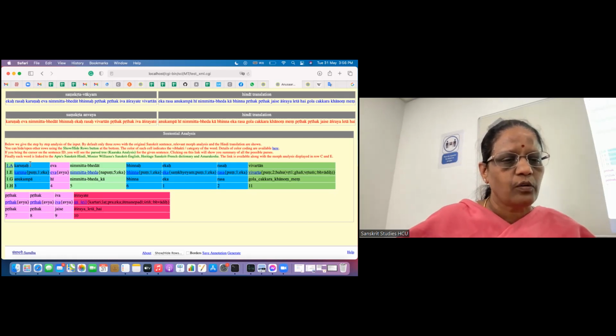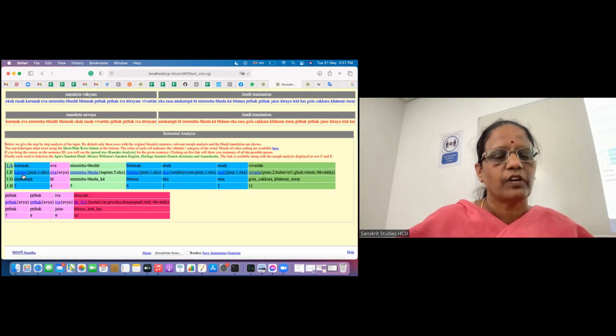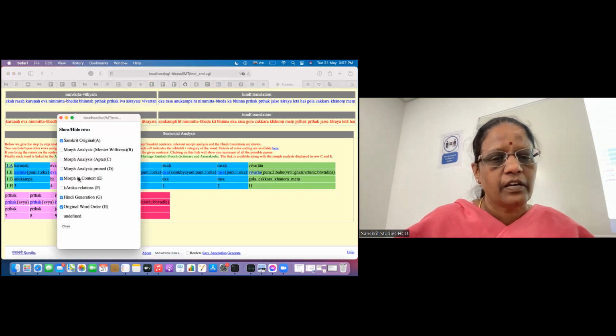So below karunaha, there is karuna, and then pu, this is the masculine, this is the case, and this is the number, eka. So it has given the morphological analysis of this word. In fact, it's possible that a word has more than one analysis. The one which is chosen by the machine in the given context is shown here, but you can see other analyses as well.